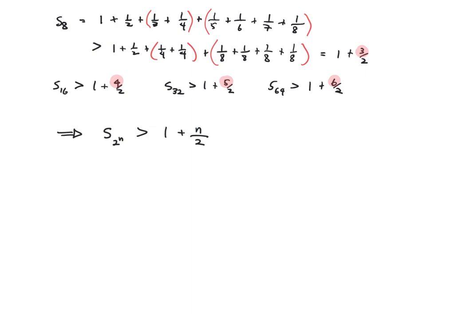So as n goes to infinity, this n over 2 is also going to go to infinity. This means that my subsequence S_{2^n} is going to infinity. So we have a subsequence that's not going to 0. In fact, it's the opposite.